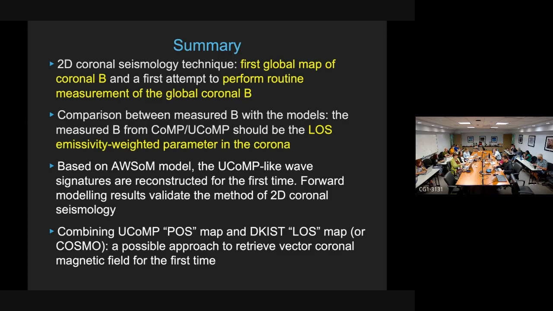In the future, because we can obtain this so-called plane of sky map from UCoMP with wave observations, if we combine these maps with the non-offset magnetic field results from DKIST, or in the future use COSMO, we can obtain both of them in a single instrument. This is a possible approach to retrieve the vector coronal magnetic field for the first time from observation. Thank you.